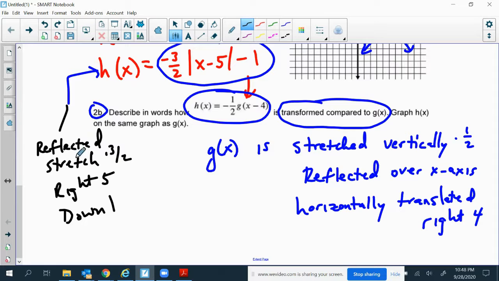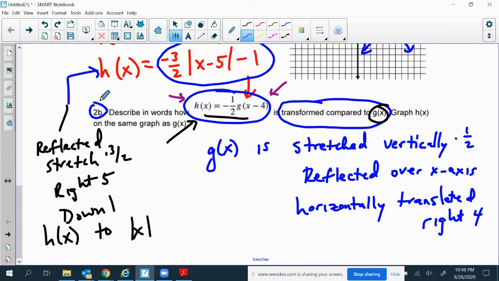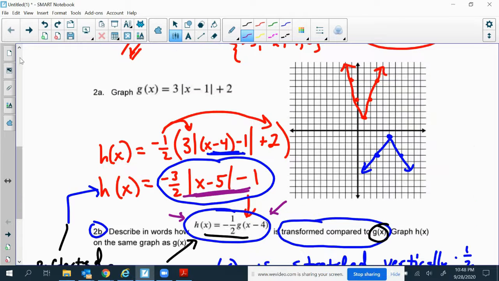And that is true if you're comparing h of x to the absolute value of x, but that's not what the question was saying. We wanted to compare h of x to g of x, and we already had g of x. Now, one of the crazy things is if you take this equation here, you can actually get the graph of h without getting an equation in terms of absolute value.